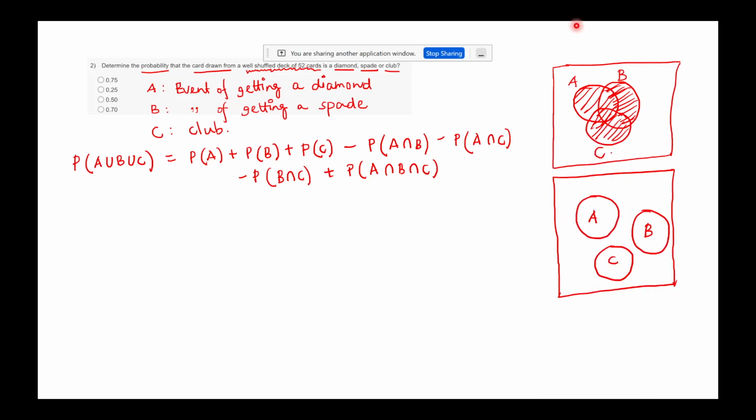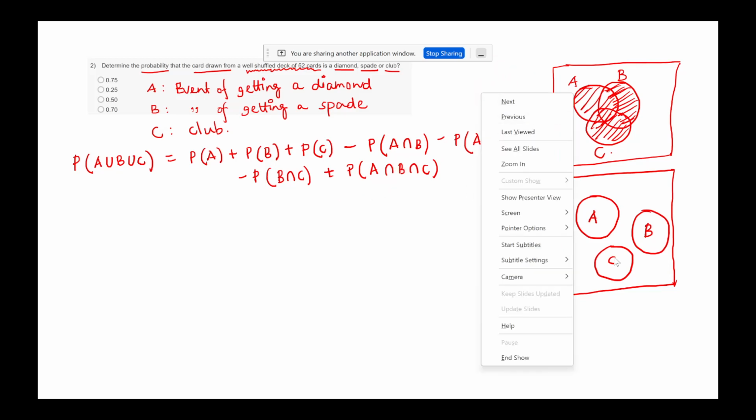So when we are taking P of A, P of B, P of C, in this middle region we have included it 3 times. When we are subtracting A intersection B, A intersection C and B intersection C, we have removed this portion 3 times. So we have to include this thing again, that's why this plus. Now for our problem this is very easy, but I wanted to convey the total message.